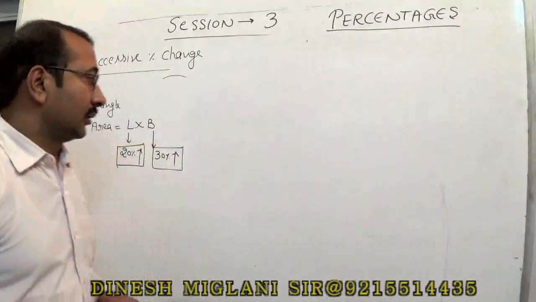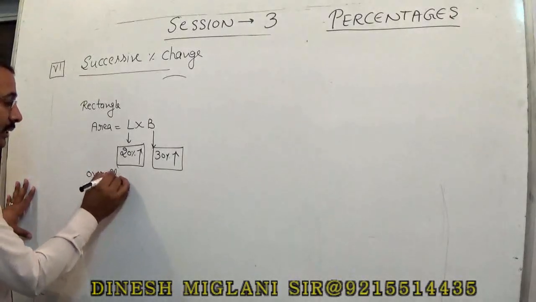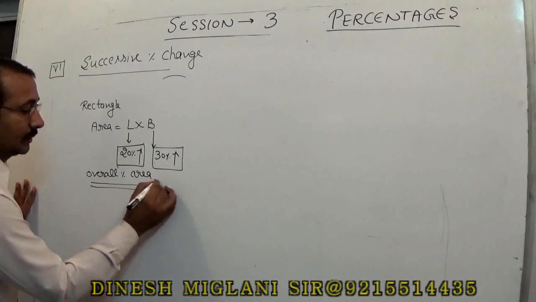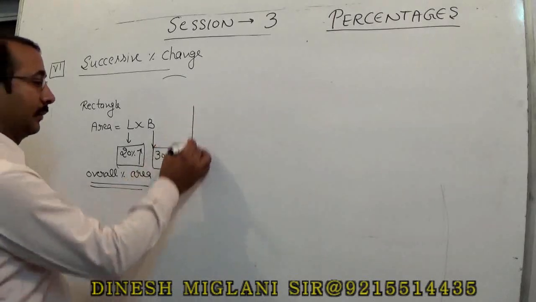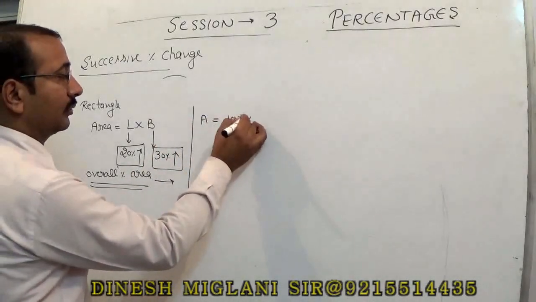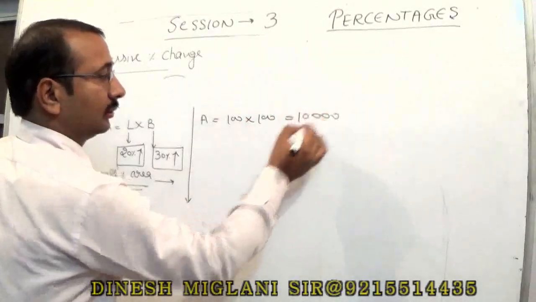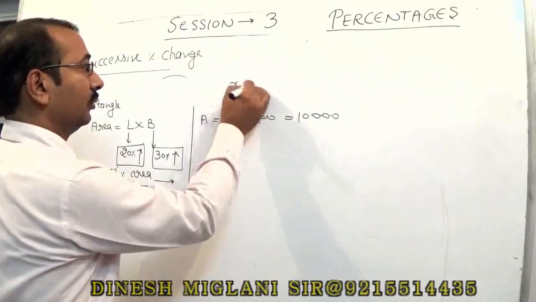You have to find out what is the overall percentage change in area. So if you have to answer this question, some approaches you can apply. You can assume your length to be 100 and breadth to be 100. So area will be taken as 10,000, or you can take it as x and y. Area would be taken as x into y.